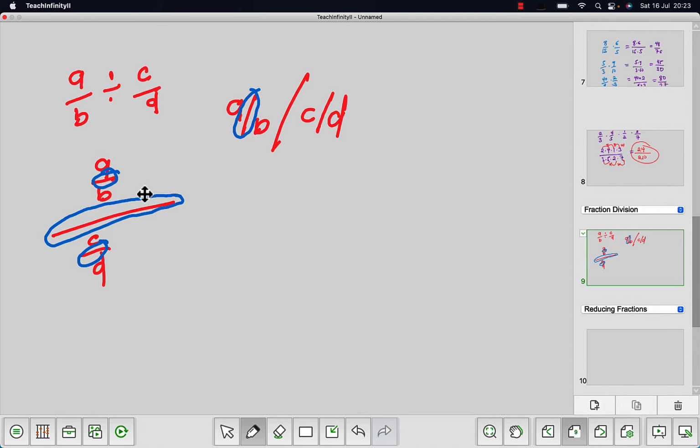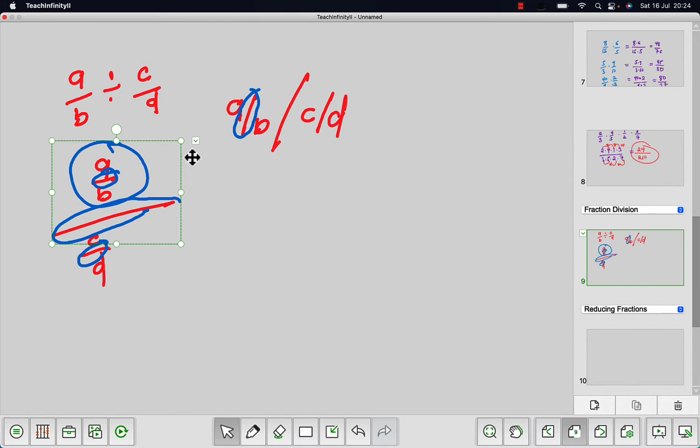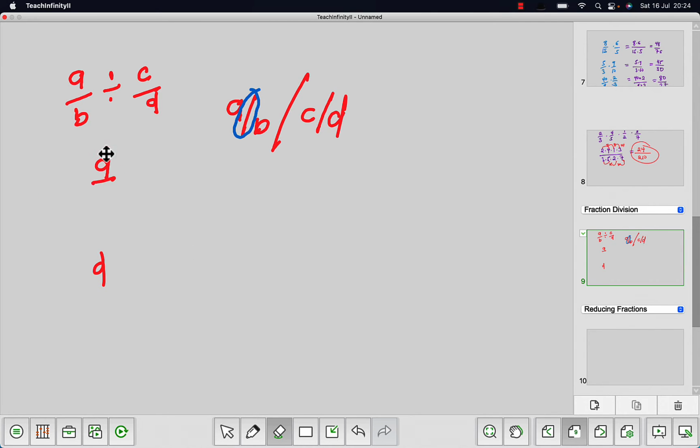So here we have one whole fraction which is being divided by another fraction. We're going to have to stick with the basic one, what we usually see.